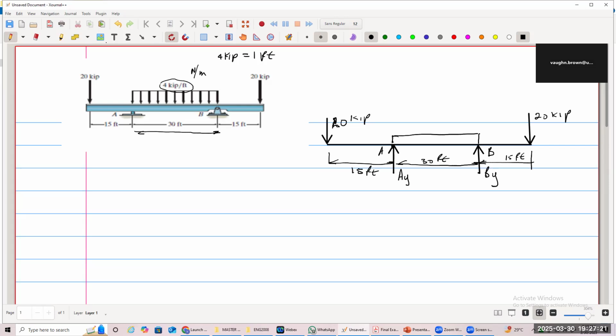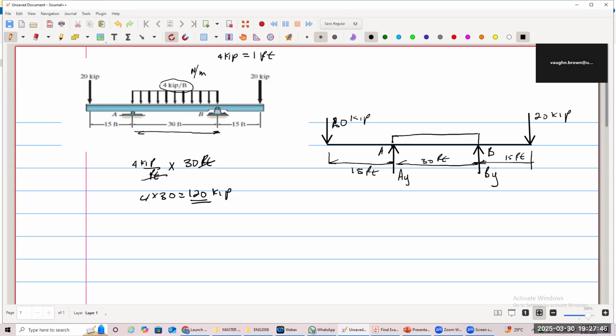So when you multiply 4 kips per feet times the length, which is 30 feet, the feet cancel and you're left with 4 times 30, which is 120 kips. So that now gives you the force.